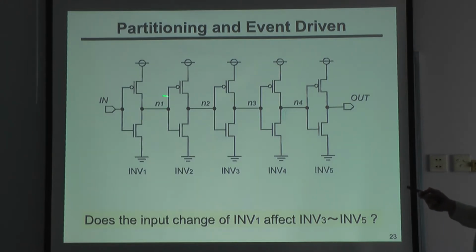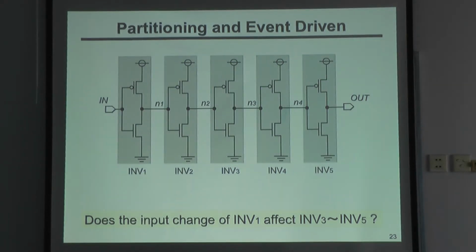And the question is, does this node change depend on this transistor state? Maybe the operation of this inverter is independent of the operation of these transistors. So we can divide the circuit into pieces. We call them partitions.